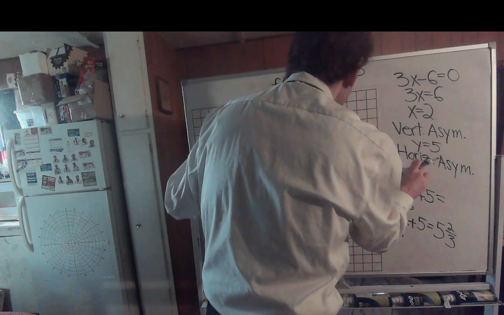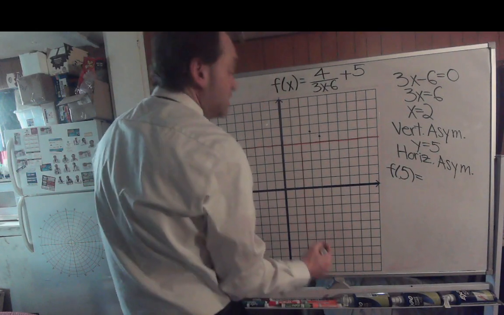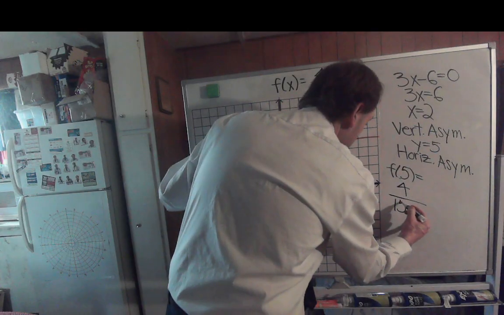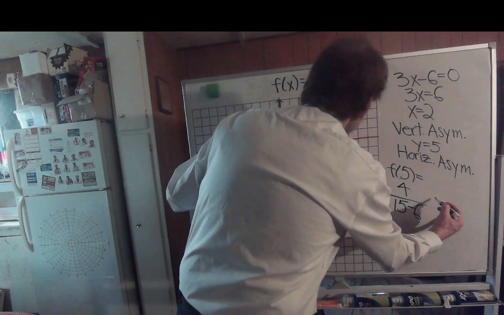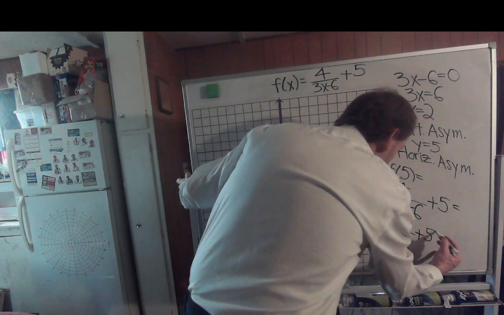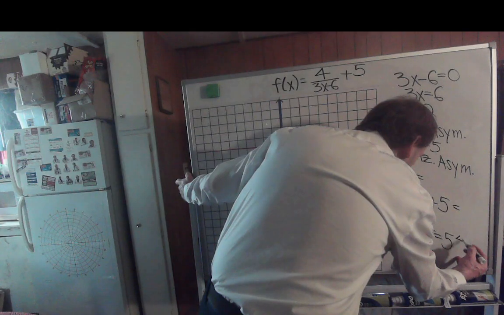And for good measure, why don't we do f of 5? Just for one more. So f of 5, that's going to equal 4 over 15 minus 6 plus 5, which is equal to 4/9 plus 5, which is simply 5 4/9.